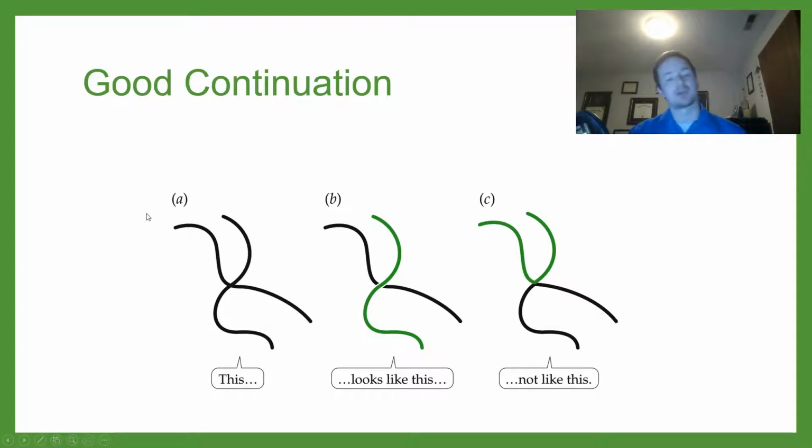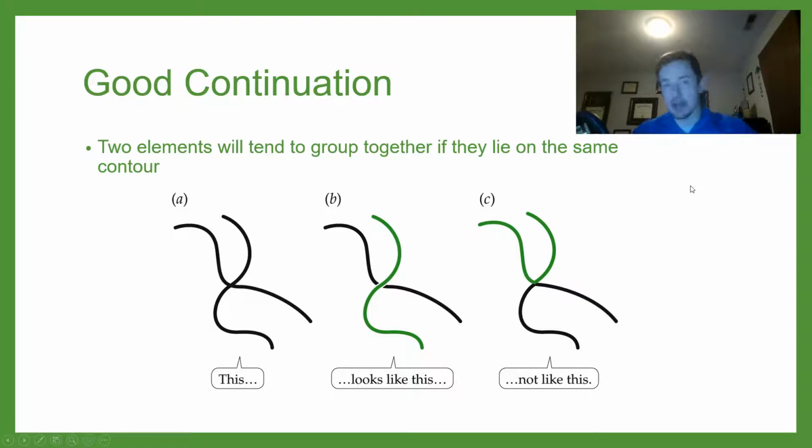If I were to ask you how many lines are in figure A, you might say 4, but most of us are going to say 2. Why? Because it looks like we have 2 lines, one going this way and one going this way. So we perceive it like B, but not like C. Why? Because it looks like this line is going to follow through and continue on past this junction.